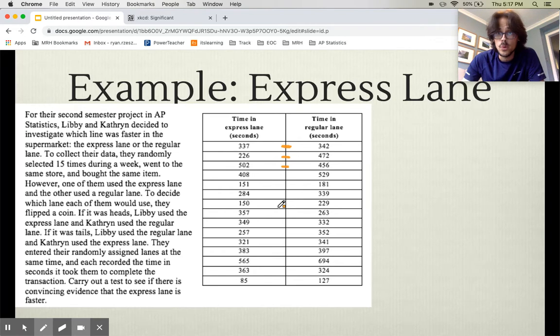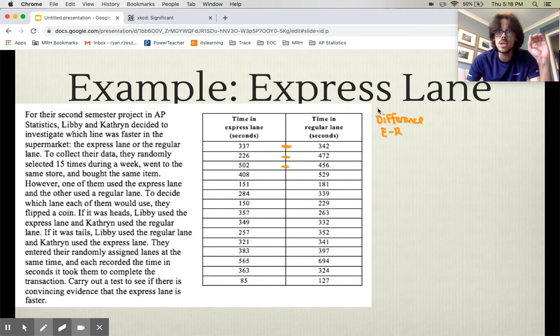So what we do frequently when we have data like this that's linked together or paired is, instead of analyzing these actual numbers right here, the raw numbers, we are going to analyze the difference between these two numbers. Anytime you talk about difference, you should specify the direction you're subtracting. I'm just going to go express minus regular, although it doesn't super matter as long as you declare what you're doing.